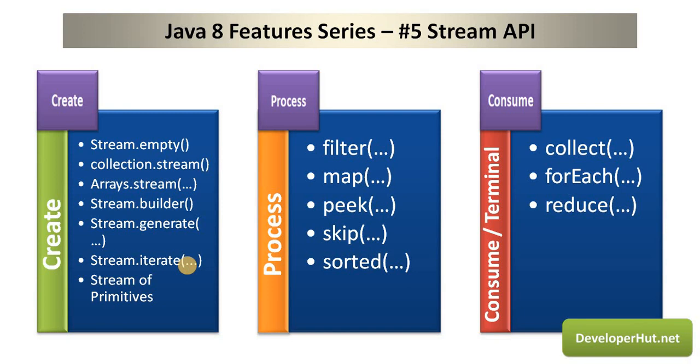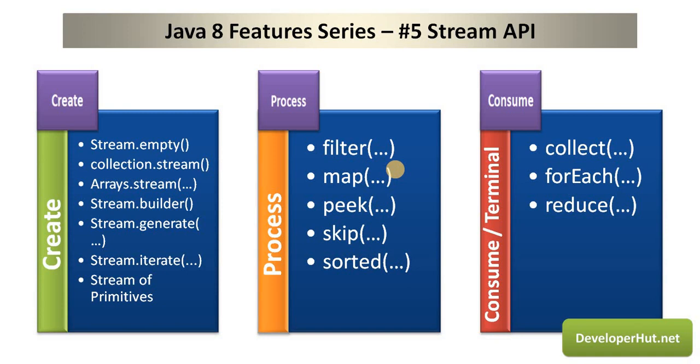The next part is the process part, where we have a lot of methods. First we saw the filter method, which takes an implementation of the predicate interface and is used to filter out the objects. Then we have the map method, which is used to update or change the state of your object and collect all those elements.